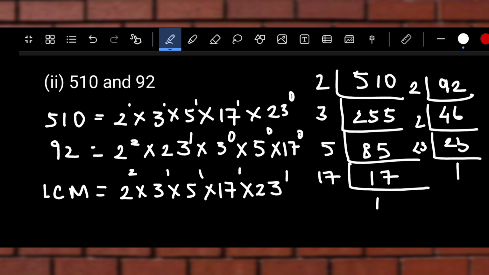So when I multiply all these numbers, 2 into 2, 4. 4 into 3, 12. 12 into 5, I'll get 60. Leaving the 0, 6 into 17, I'll get 102. So this in total will be 102 and the 0. Into 23.